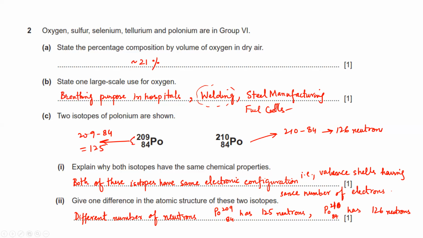They both have the same number of protons but different numbers of neutrons. So this 210 is neutrons plus protons. So both will have the same number of protons, 84 and 84. Okay, so this is how, or just simply use the definition of isotopes: isotopes have the same number of protons but different numbers of neutrons.